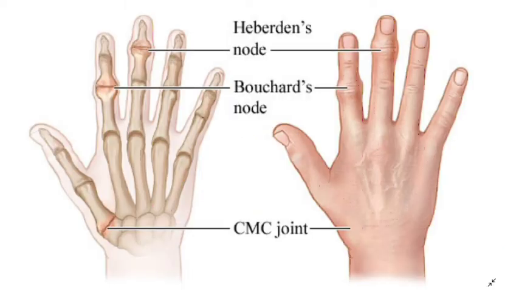Heberden nodes in distal or terminal interphalangeal joints of the hands, Bouchard's nodes in proximal interphalangeal joints, and carpometacarpal or CMC joint is also affected, causing thumb base squaring, giving an appearance of a square hand configuration.